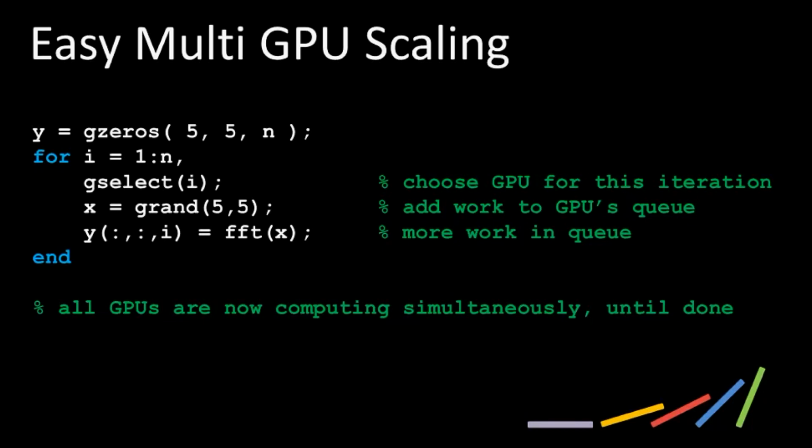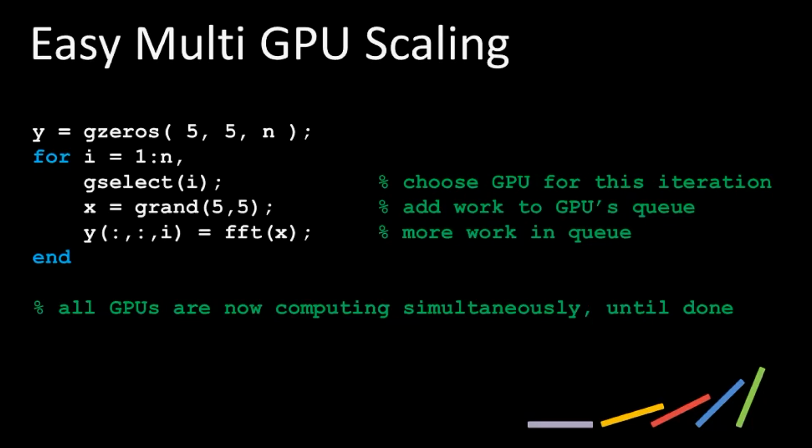The difference is the following. With a parfor loop, parfor creates heavy CPU threads, so it'll create many CPU threads for however many you allocate in your MATLAB pool.